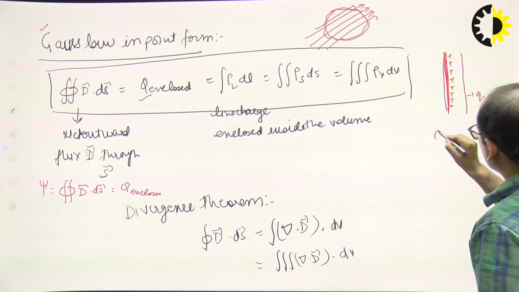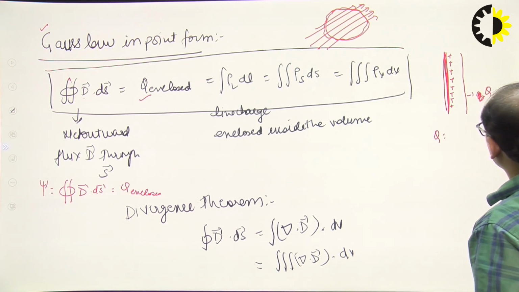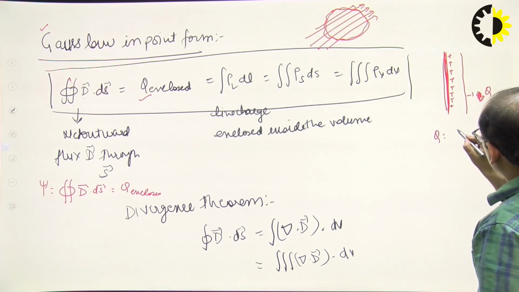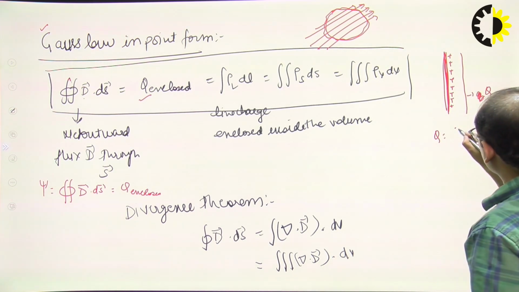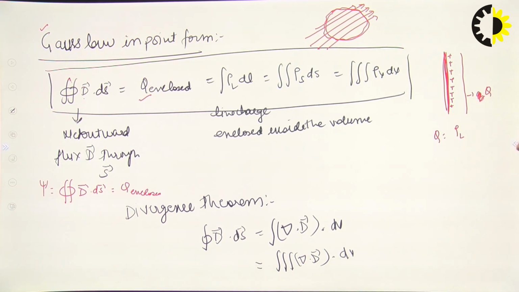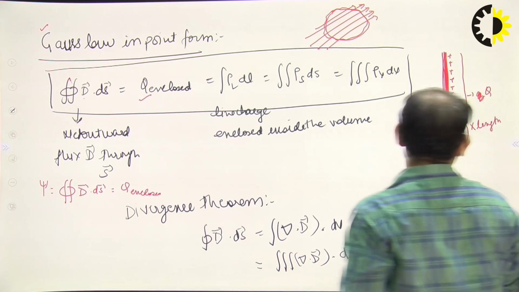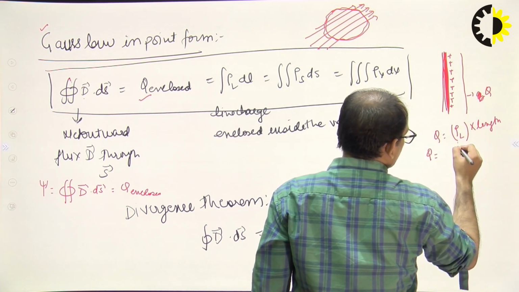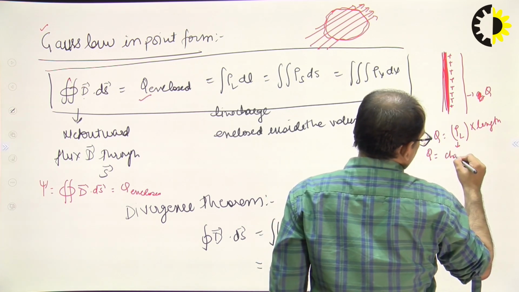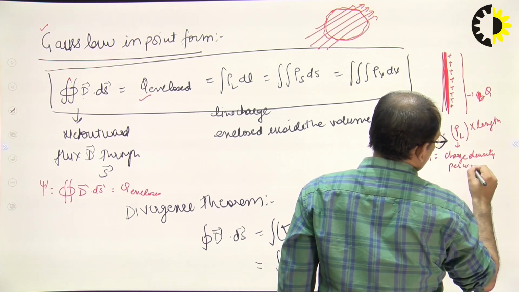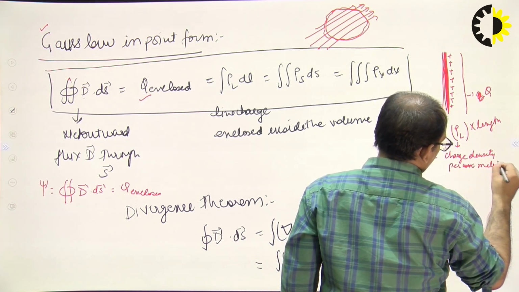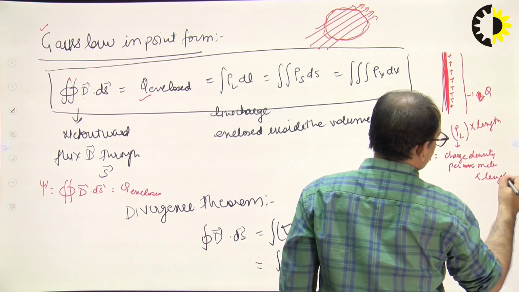It will be equal to the charge per unit length, per meter, that is rho L, multiplied by the length of this line. Clear? So total charge equals rho L, the line charge density per meter, multiplied by the length.